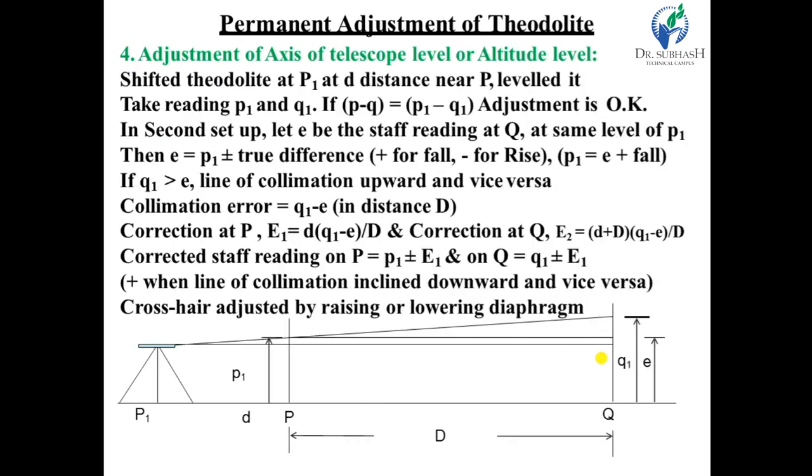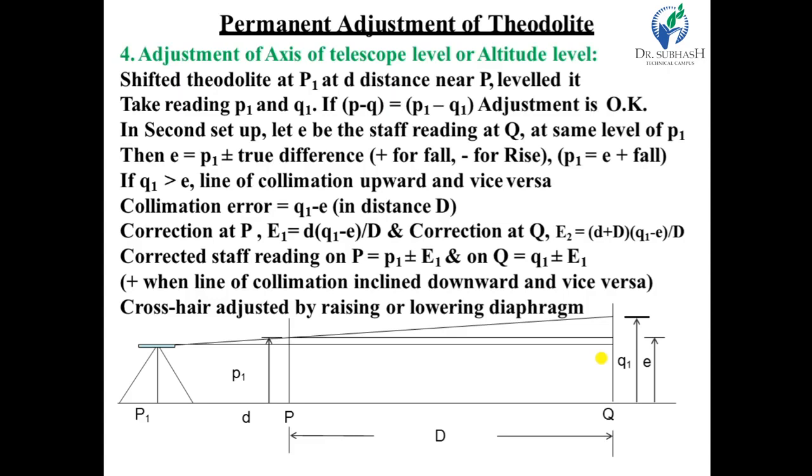Shift the theodolite to P1 at a distance near P, level it, and take readings P1 and Q1. If P minus Q is equal to P1 minus Q1, the adjustment is OK.